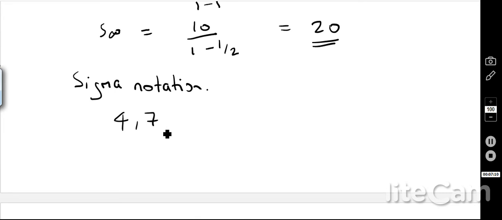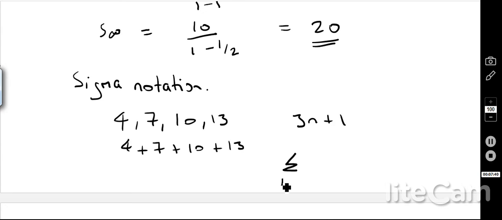I could write that as an nth term 3n plus 1, which gives me the terms in the sequence. Now if I wanted a series, i.e. 4 plus 7 plus 10 plus 13, I can write that using this notation here.